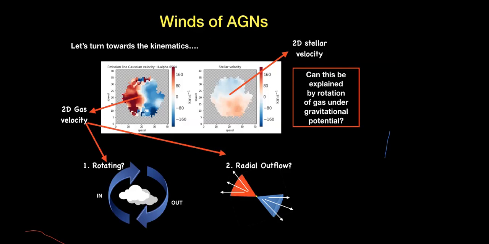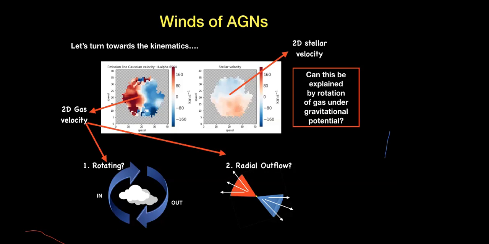If the gas cloud is rotating in this direction, in and out of the plane, this can show up as something like that in the velocity field. Or if the gas clouds are moving radially outward, kind of like a wind, that also can produce a velocity field, something like that. Now, to remind you, we are trying to prove that these galaxies have wind. So we actually think this is the right scenario.